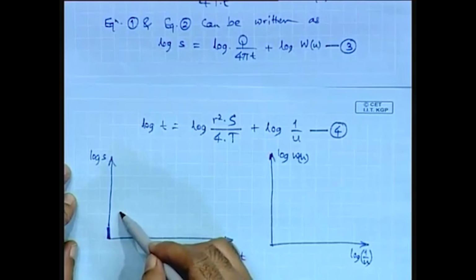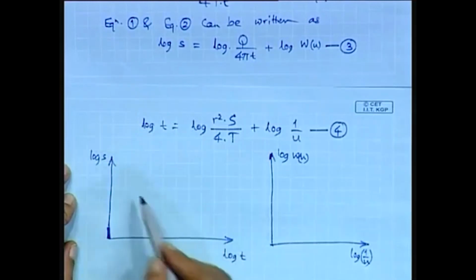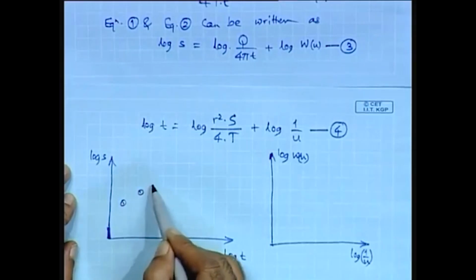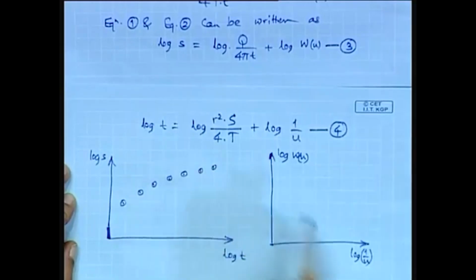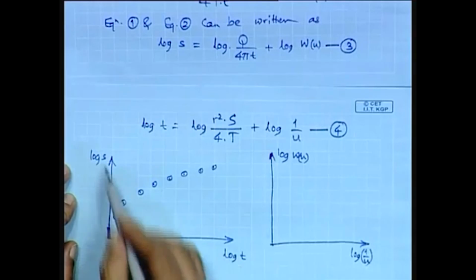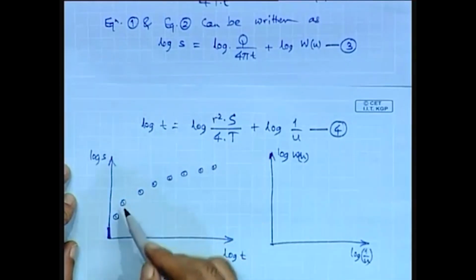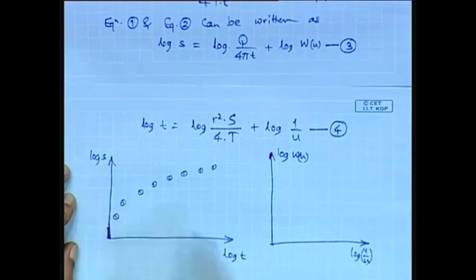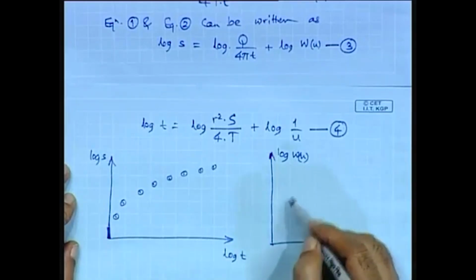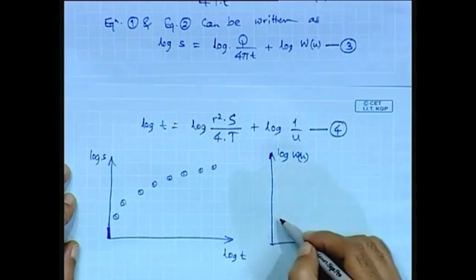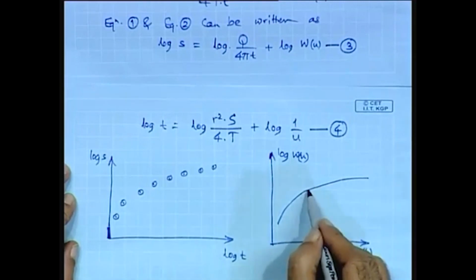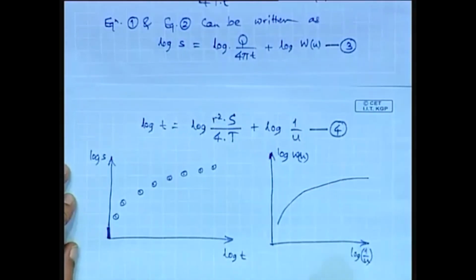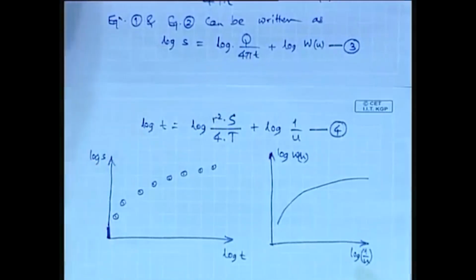Log s versus log t is based on the pumping test data, and obviously as t increases, s will increase. The number of data points represents the number of readings taken in the pumping test. And then this log of W versus log of 1 by u, from the tables, is the type curve.